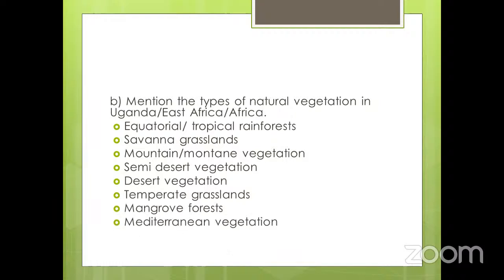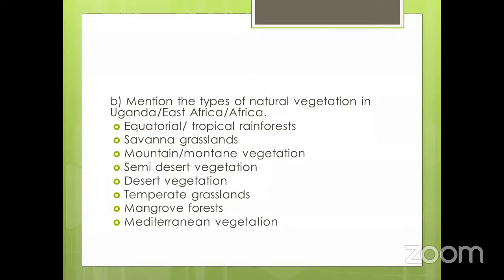Then grasslands, that is still in the southern part of Africa, and there is also another country there called Lesotho. Then there is also another country called Swaziland. Those are the 2. Then we have mangrove forest. Then lastly, we have Mediterranean vegetation. So those are the types of vegetation we have in Africa in general.